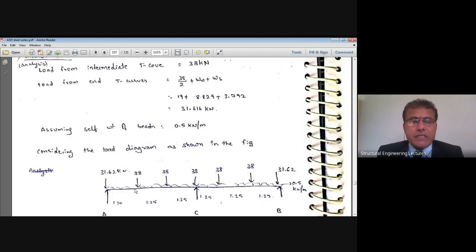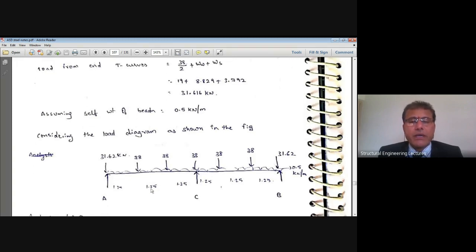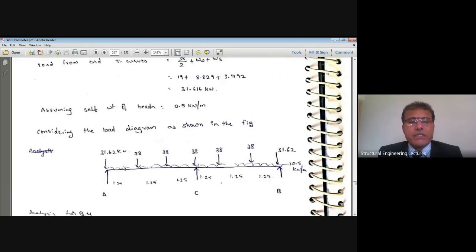Because the spacing of the stiffeners matches the spacing of the girders, out of those 6 longitudinal girders I am showing here one longitudinal girder, which has this loading diagram. Now I'll assume the self-weight of this longitudinal girder as 0.5 kilonewton per meter.